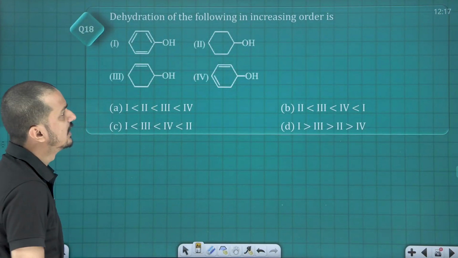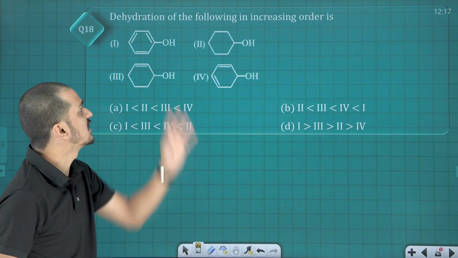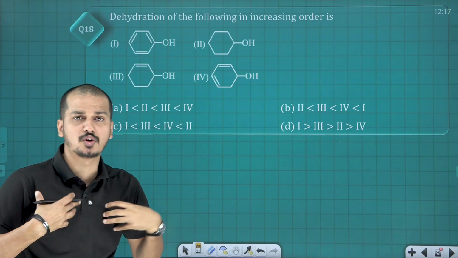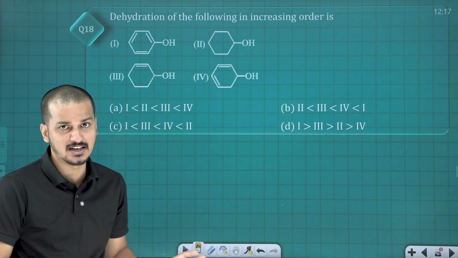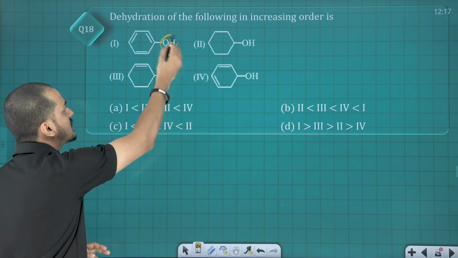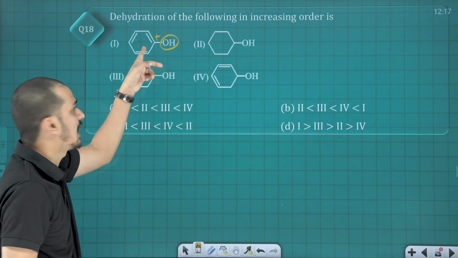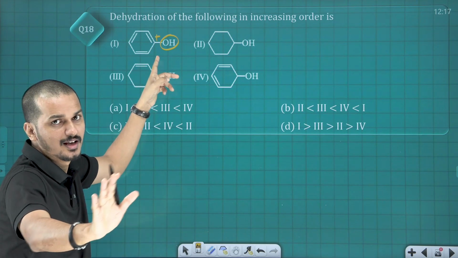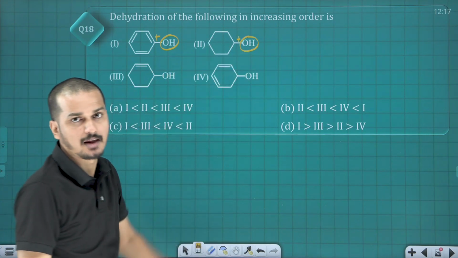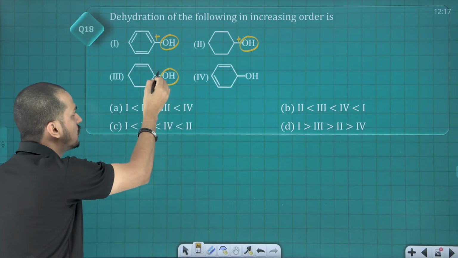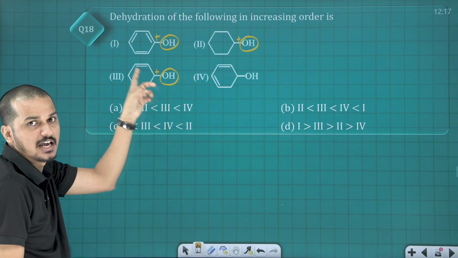This is the next question. Dehydration of the following takes place in the increasing order of. I already told you dehydration means purely carbocation mechanism, SN1 mechanism. So first of all, you have to remove this OH and put one plus here. Phenyl carbocation is highly unstable. If you are putting here one carbocation, secondary carbocation. If you are removing this OH, one plus here means this is allylic carbocation.